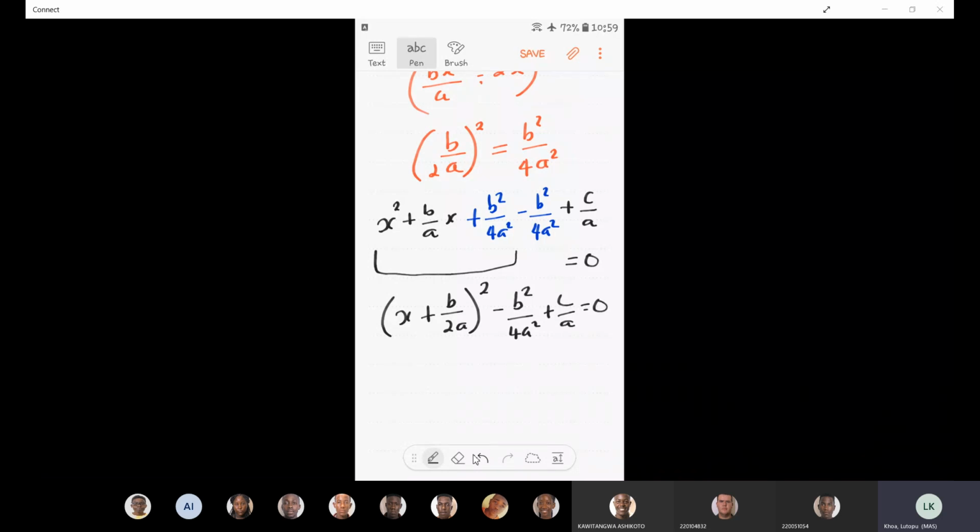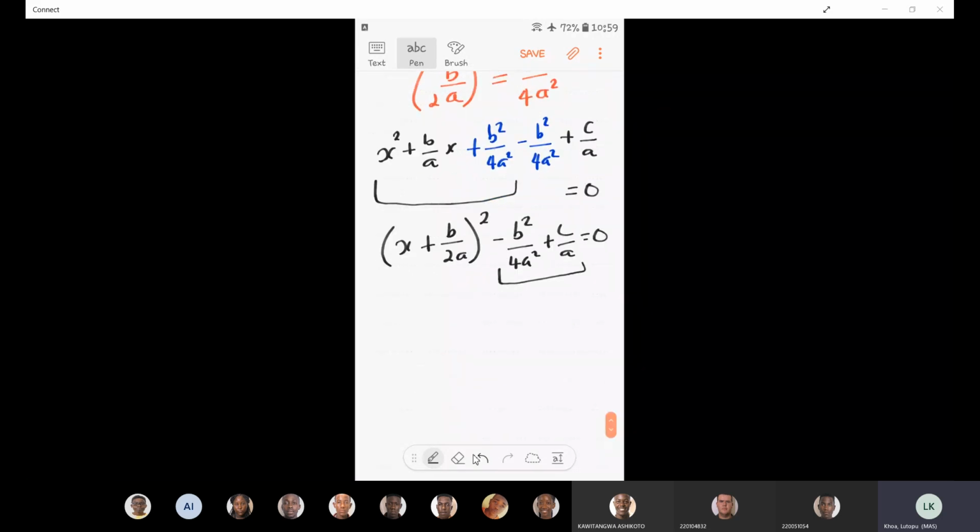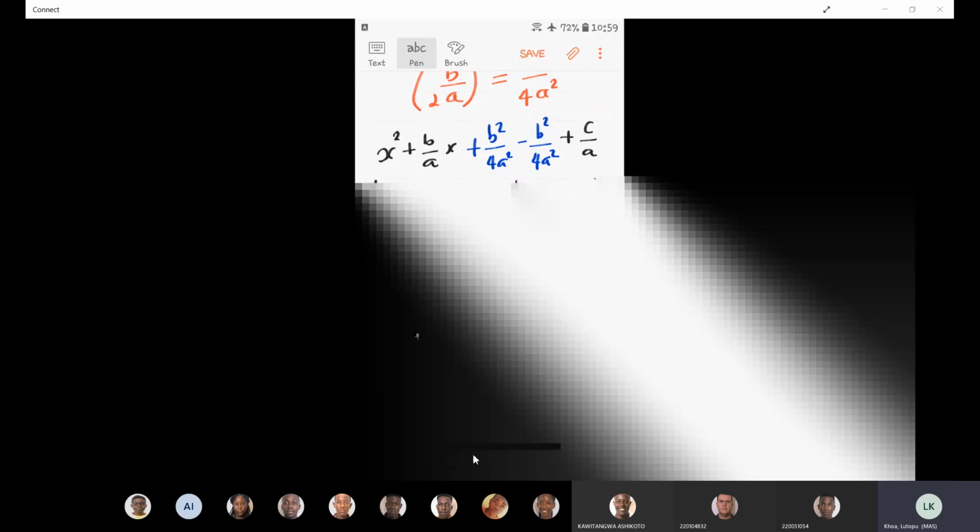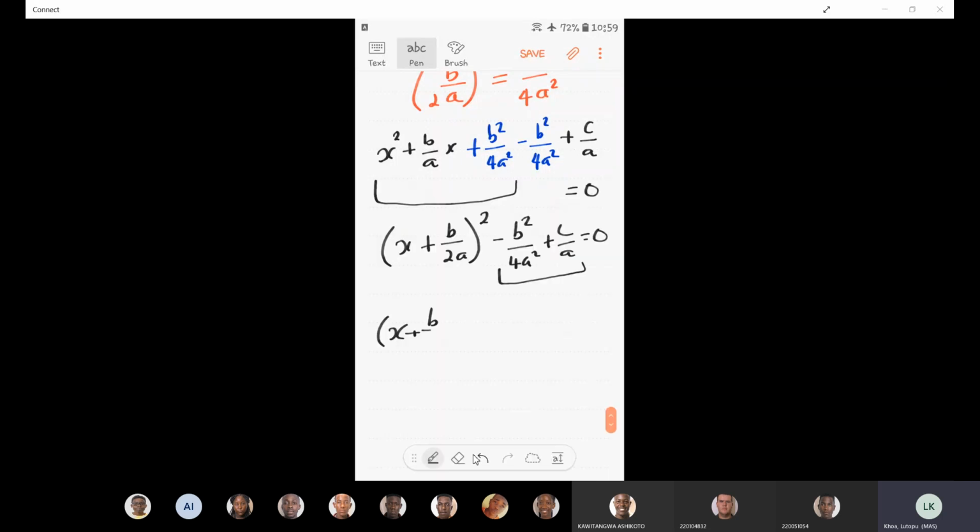Now these two, what I can do is combine them to make one fraction, basically. So I have x plus b over 2a squared, and then I will have, okay, I can take them to the other side first.